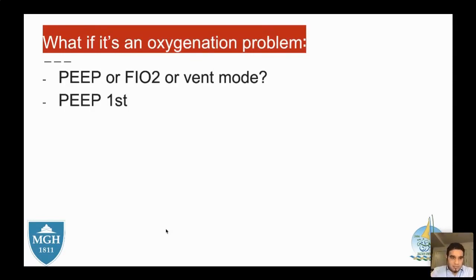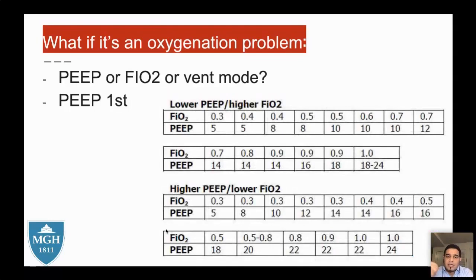All right, we said that we're going to start at a PEEP of 5. But if you look in the ARDSnet, there are already 2 scales. If you look up here, there is the low PEEP, high FiO2 schedule or scale, and there is the high PEEP, low FiO2 scale or schedule.